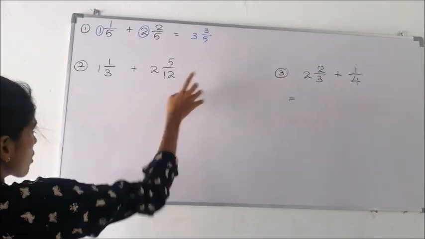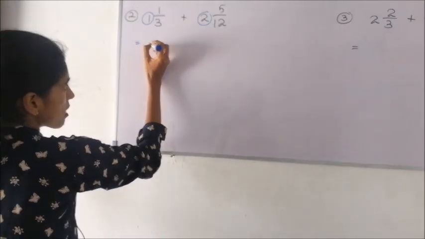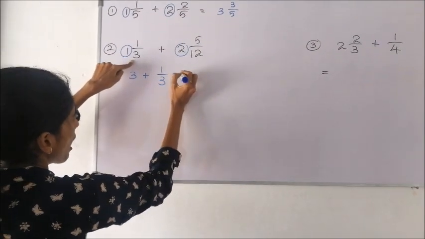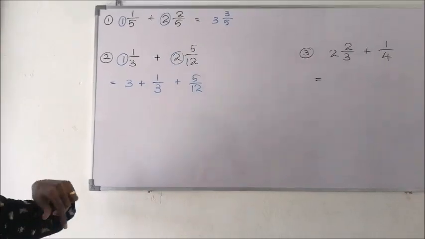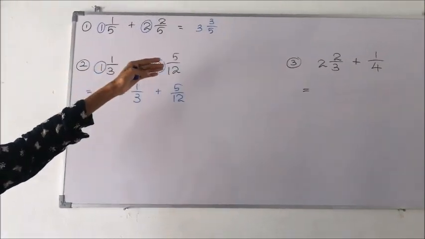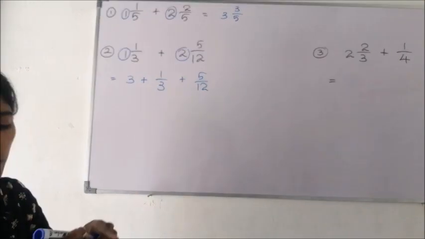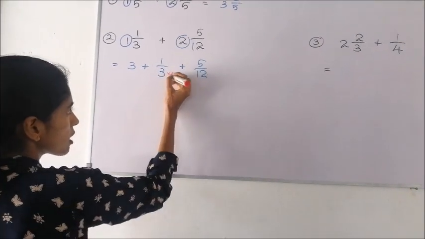Next, in this question, see the whole parts here. 3 is the answer. For that we will add 1/3 and 5/12. Why did I write it again? Because the denominators are different, not like earlier. To make them the same, I wrote them again. 3 should be multiplied by 4, then it becomes 12.